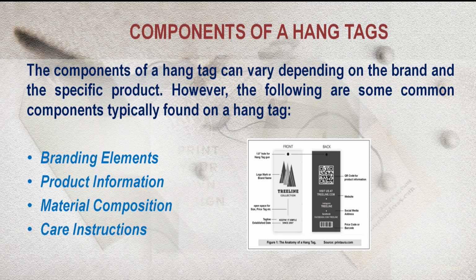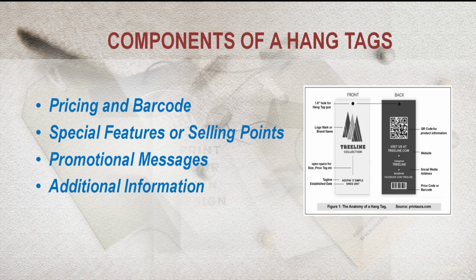Product information, like we discussed, what the composition of the material is, what type of fabric is being used, what all different materials are being used while manufacturing the product, material composition, care instruction, and pricing and barcode. Nowadays when we see any hang tags, there is a barcode given. When we scan that barcode, we get lots of information such as their brand stories or the price, all that information is given.